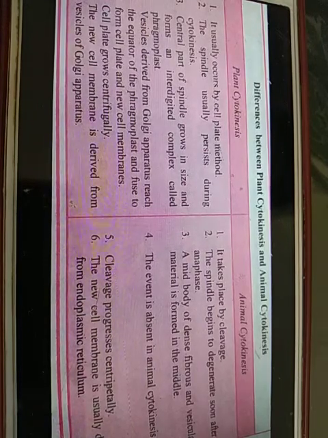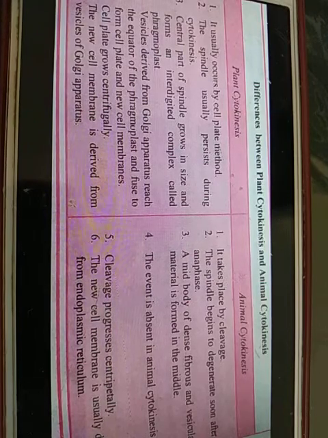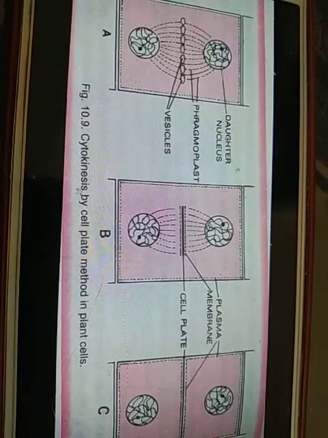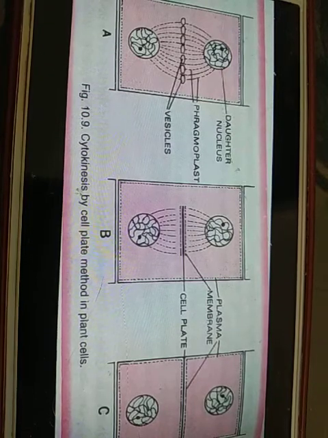Now, plant cytokinesis. Plant cytokinesis is different from animal cytokinesis due to the presence of a solid cell wall on the outer side. It takes place by two methods, cleavage and cell plate. Number one, cleavage method. It takes place usually in some lower plants.